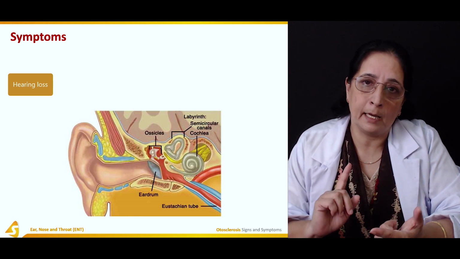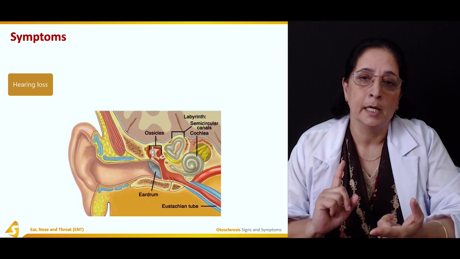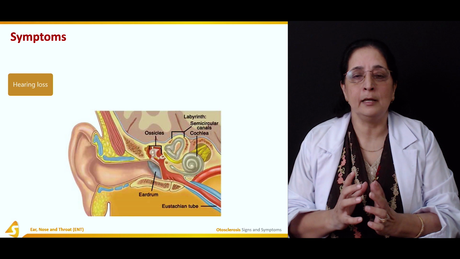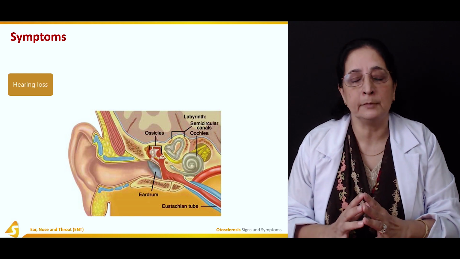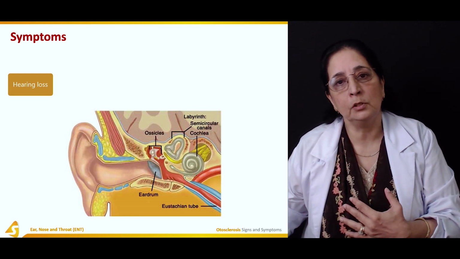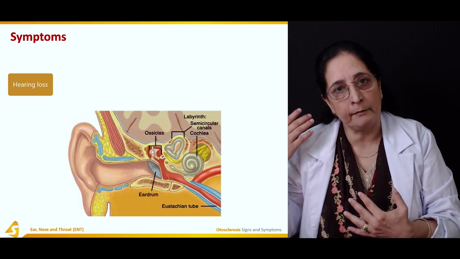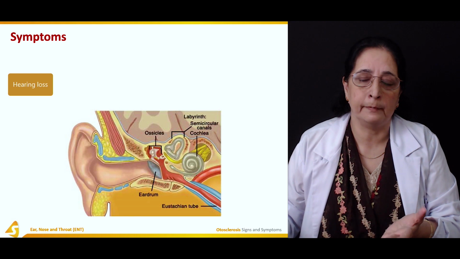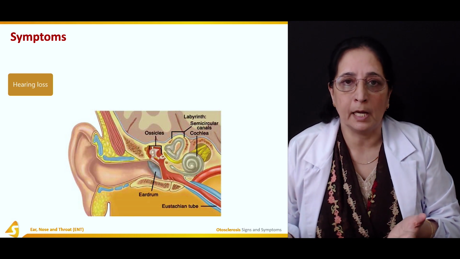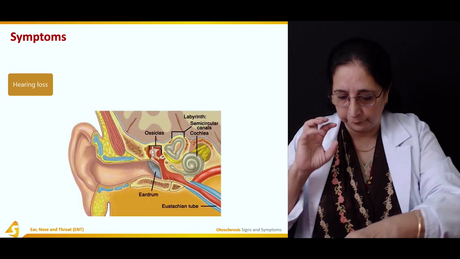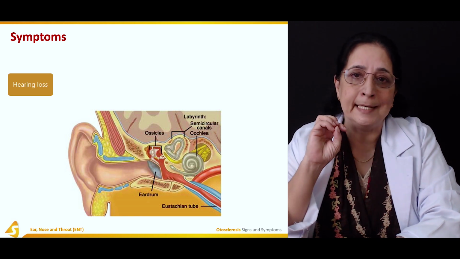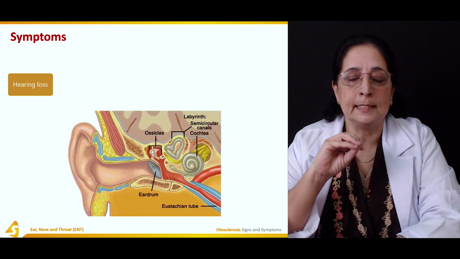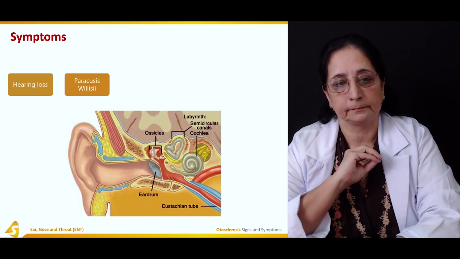In one we have conductive hearing loss, in one we have sensorineural hearing loss. So hearing loss is an important symptom. When the patient goes to the doctor, they will say, I have hearing loss in this ear, and then further diagnosis will find out that this patient has otosclerosis. So the first symptom that the patient might tell the ENT specialist is hearing loss.